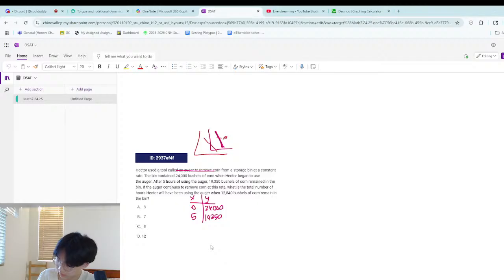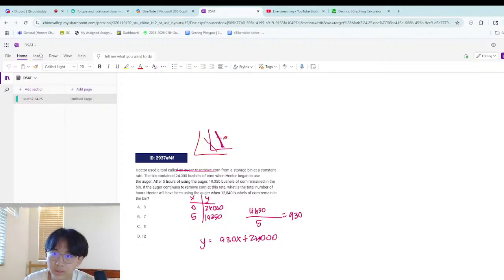I want to make sure that y'all don't confuse this. This is a negative slope. Sorry, let me see if I can write this a little bit clearer for y'all. On the big screen here, how did I derive 4,650?